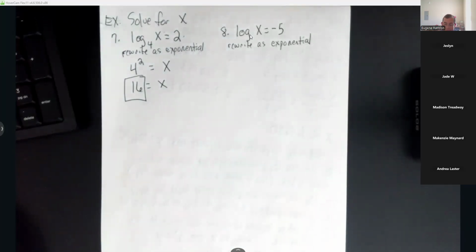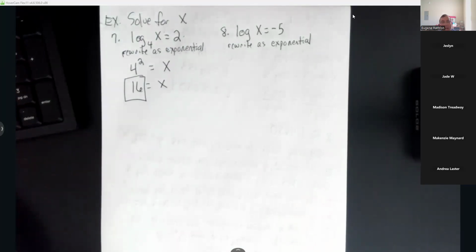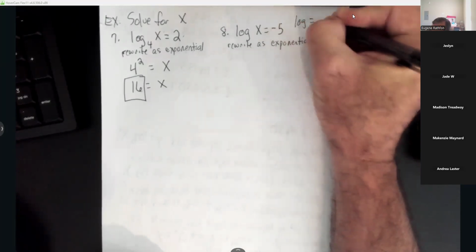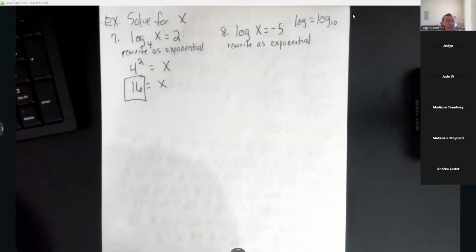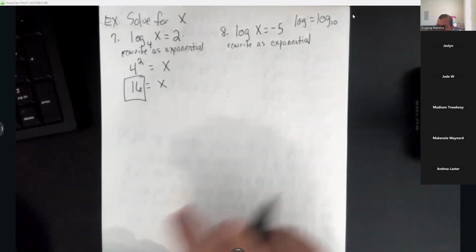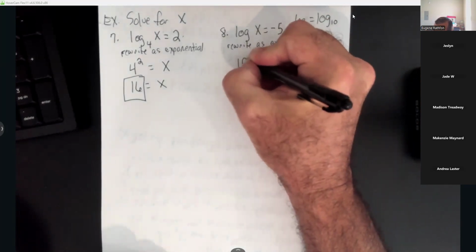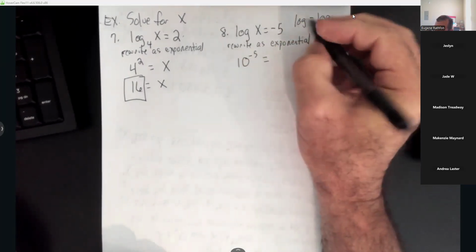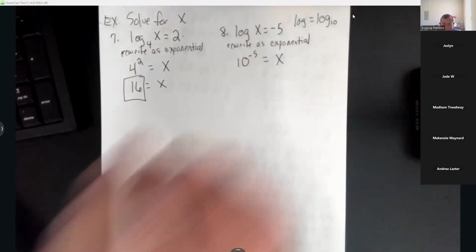So remember, if you got a log that does not have a base, this log is the same thing as a log base 10. Good job. So I just now seen you had a 10 up there. That means I would have a base of 10 raised to an exponent of -5. That's going to equal my result of an x.